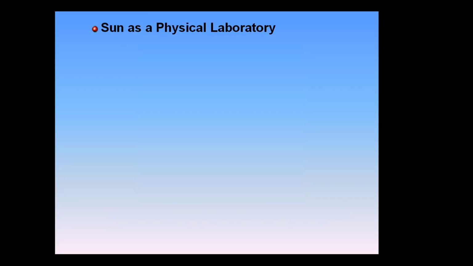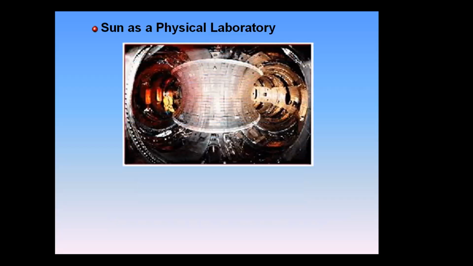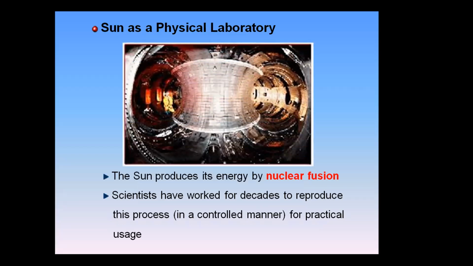The sun as a physical laboratory, right? Of course, it is the most complex natural physical laboratory in the universe. It is very dynamic as well as very complex. We do not fully understand what is going on inside the sun.